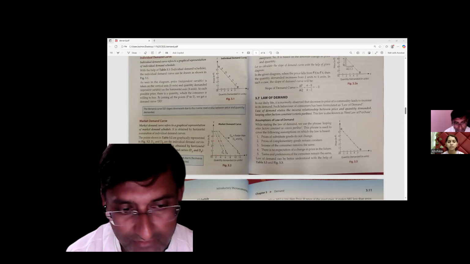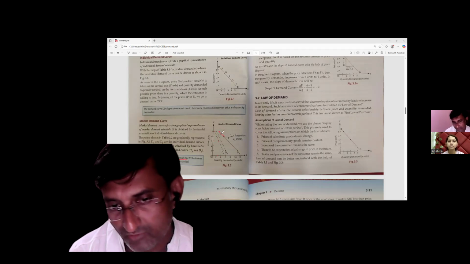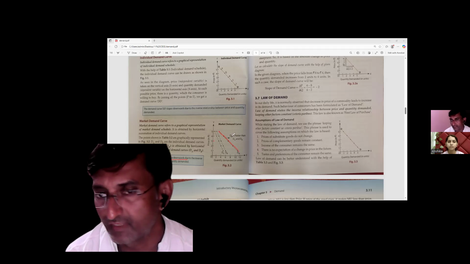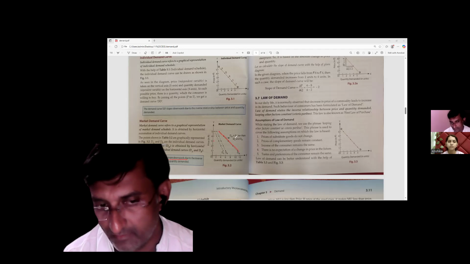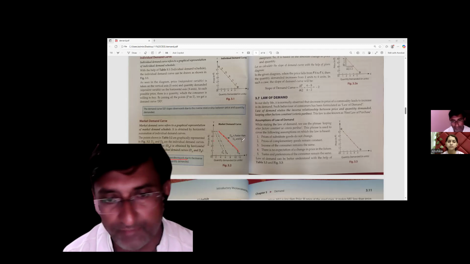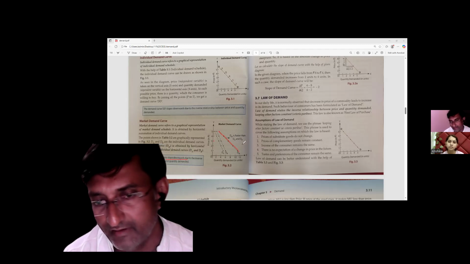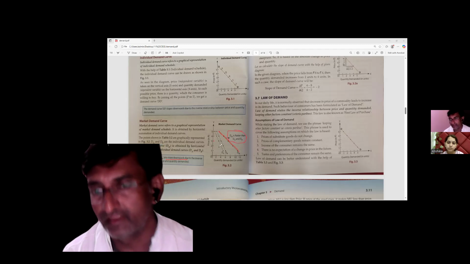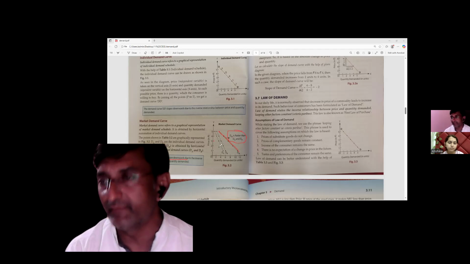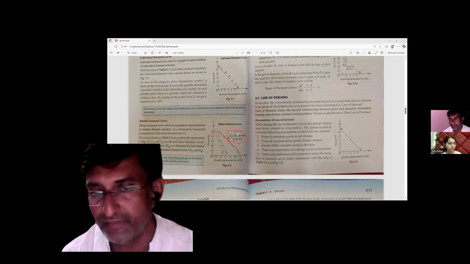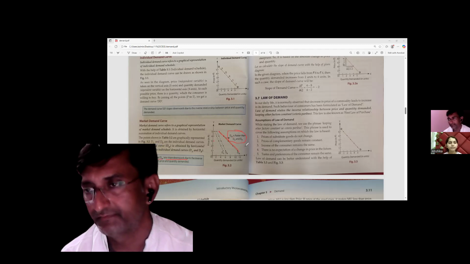The market demand curve also slopes downward. So DM, the market demand, is flatter than DA and DB. Again, this will be asked in the examination. DM is dash than DA and DB. Your answer will be flatter than, right?